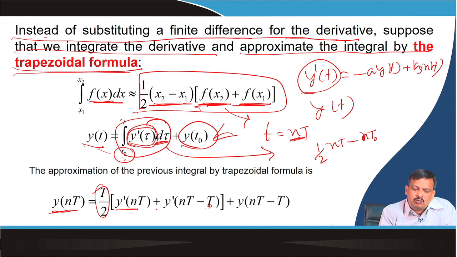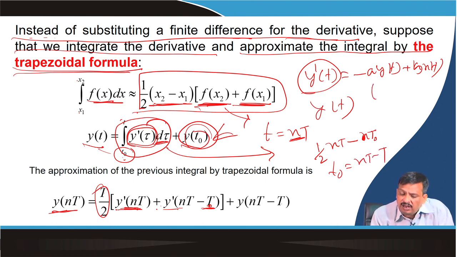So f of x2 is y prime nT, and I can say y prime nT plus y prime (nT minus T). T minus t0 is the initiation time.